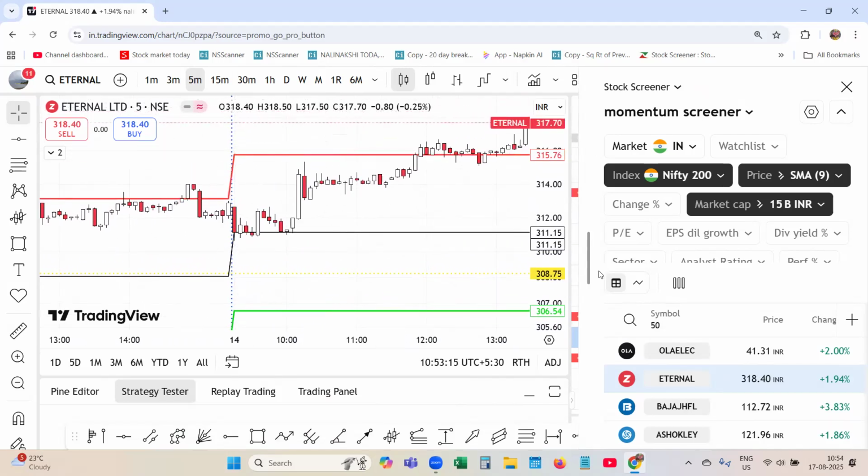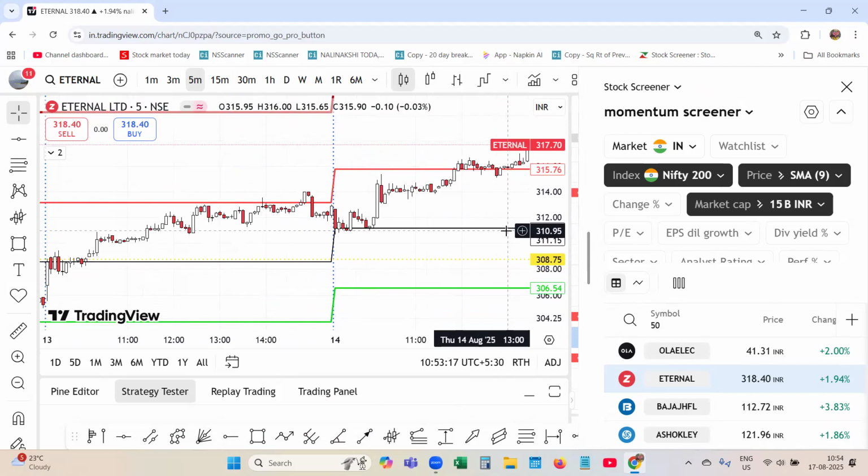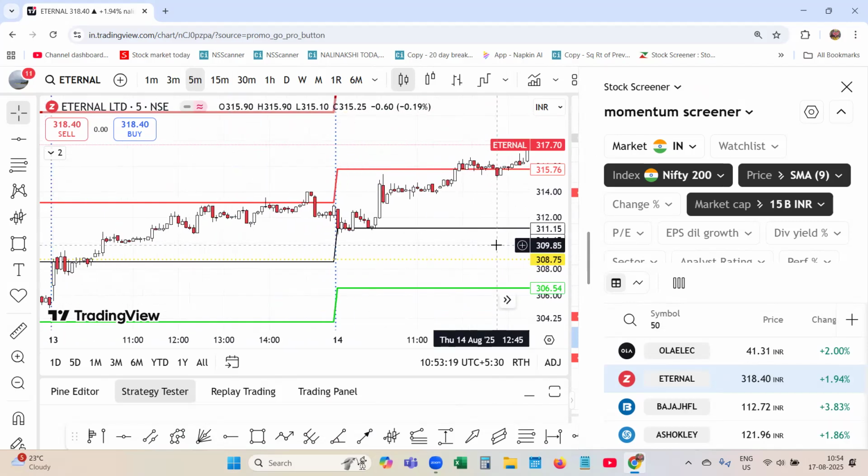This is the 0.26. Then I am getting these stocks in a momentum screener. It is above the pre-market open. That condition is there. And on the daily time frame, it is above the 9 period simple moving average. That means it is in uptrend.